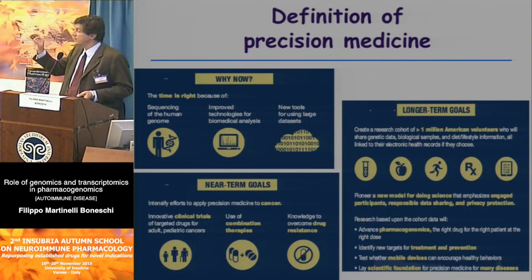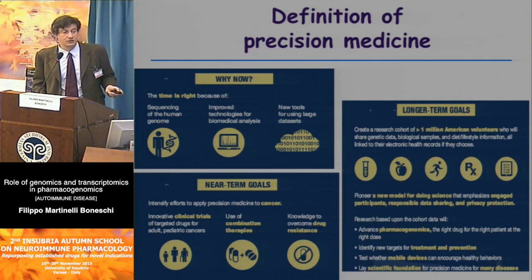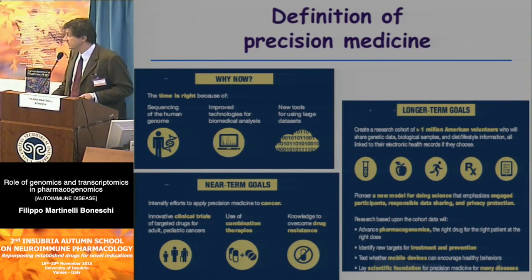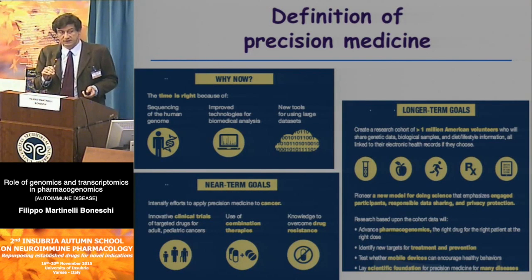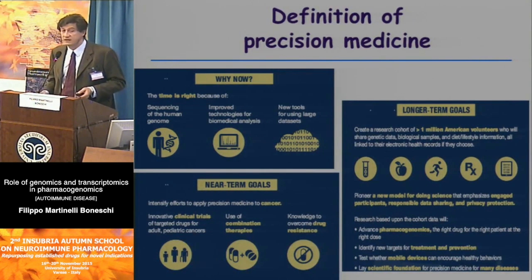So not the same drug for all the patients, but targeted drugs, a specific drug for a specific patient, the use of combination therapies, and also the capacity to overcome the issue of drug resistance, which is a problem of several treatments, especially in tumors. So you treat a patient, and then the patient becomes resistant, so the tumor is no longer changed and reduced by the drug that you're using.